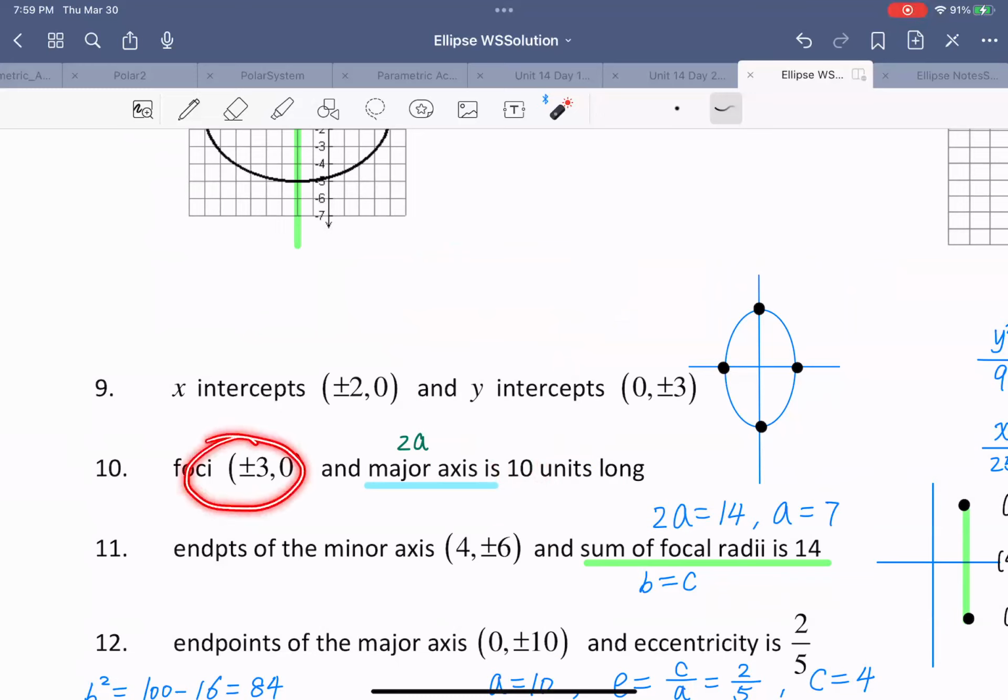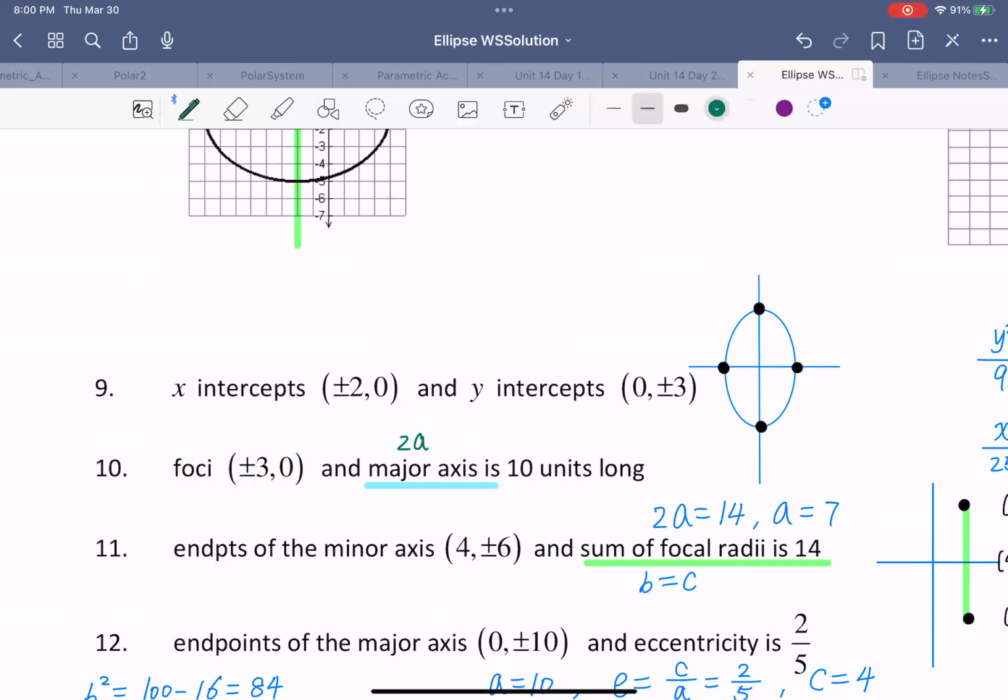And then for here, you are supposed to know another parameter. So, Sudisha, this means what? This is your B or your C, or what else? This is your C, right? Yes. Foci. You see these two are symmetric over 0, 0. So that means your center is 0, 0.